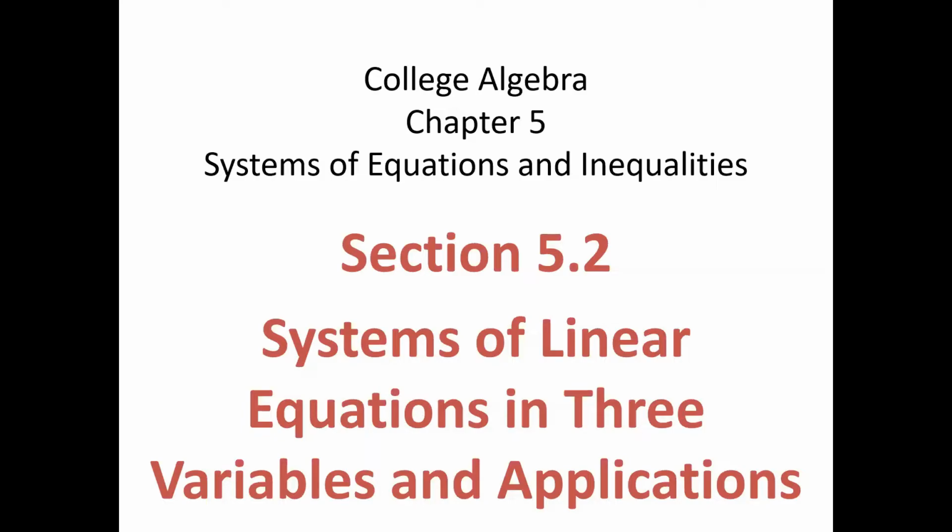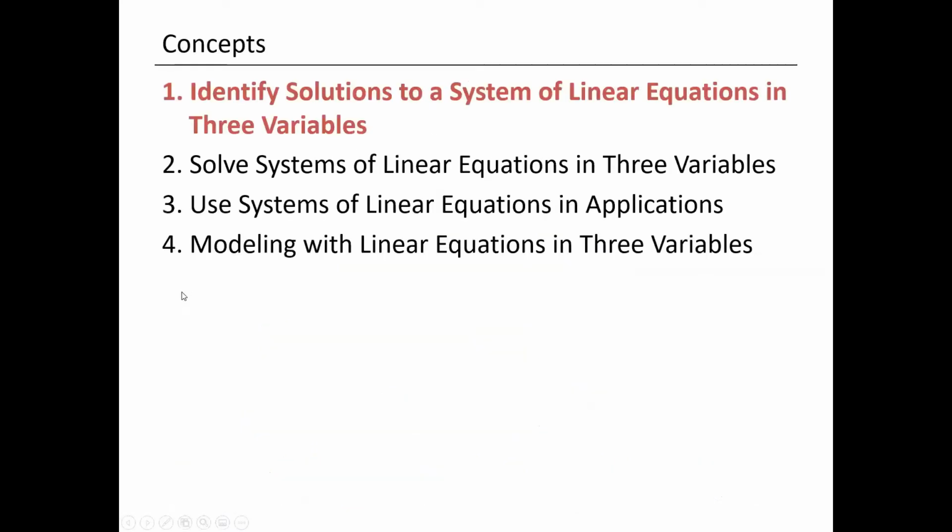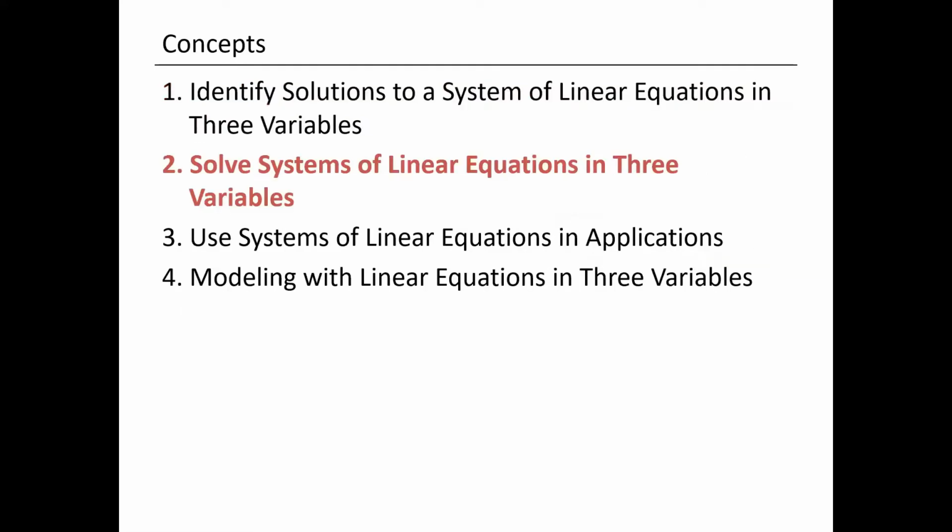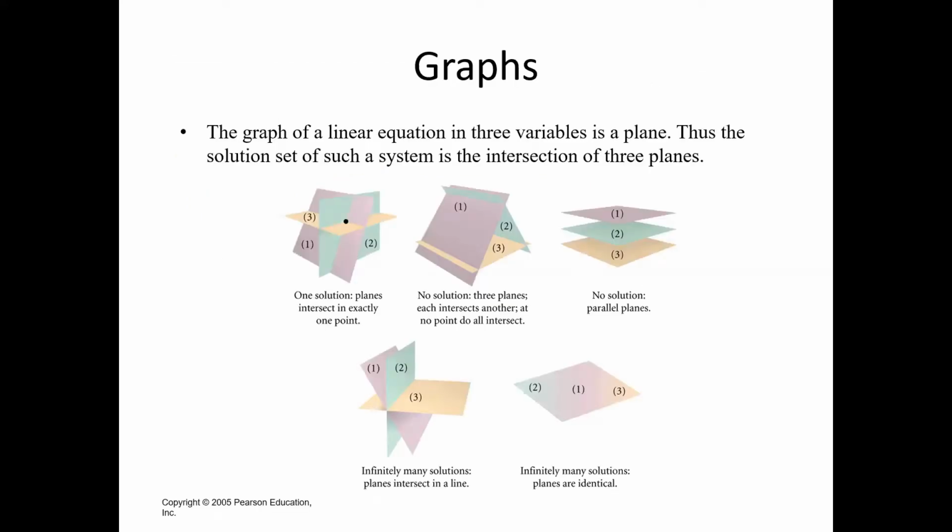Now, when there are 3 equations and 3 unknowns, you almost have to use the elimination method. So let's look at what we're talking about with 3 equations and 3 unknowns. When you have 3 variables, then those 3 variables create a point.